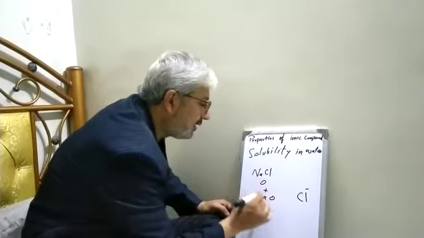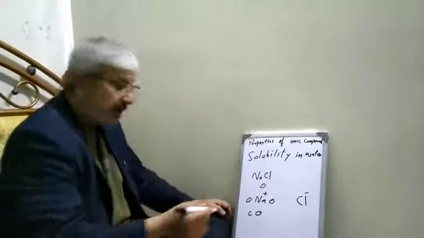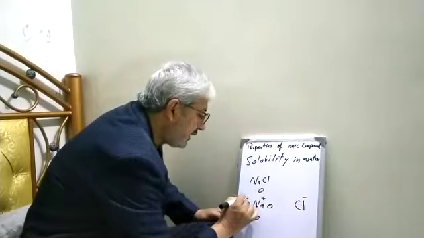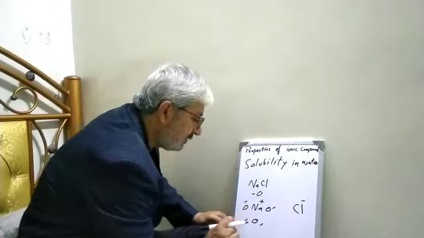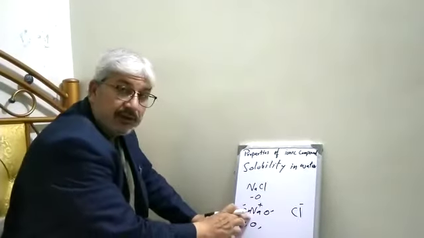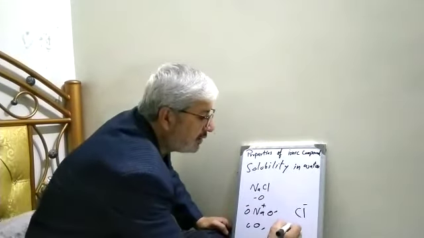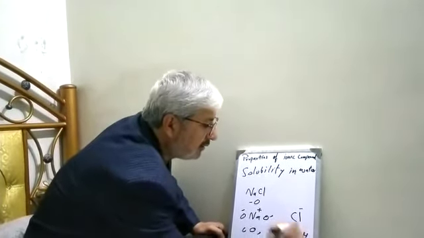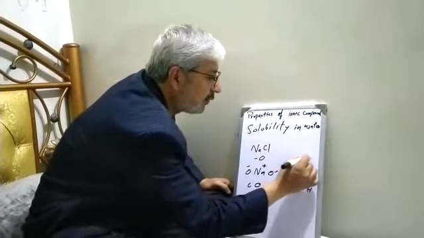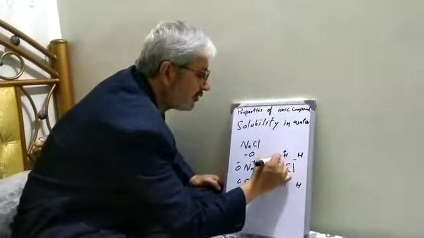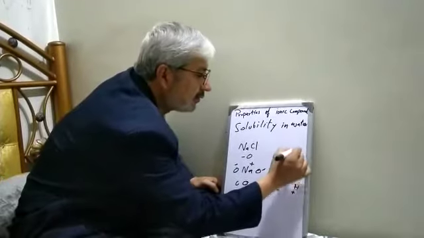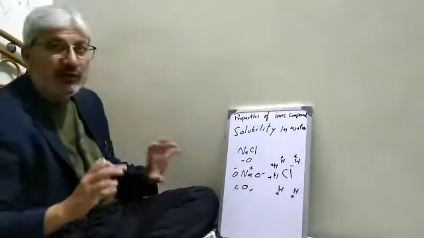Oxygen is negatively charged, so it is negative, negative, negative, and negative. All these negatives are surrounding the positive sodium ion. On the other hand, hydrogens, which are positive, are surrounding the chloride ion. So in this way, water molecules surround the ions.